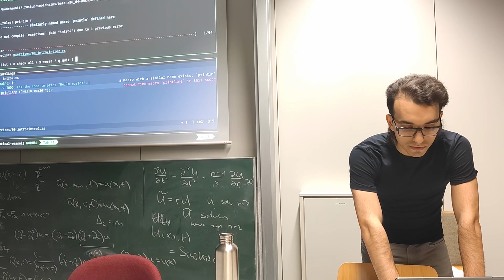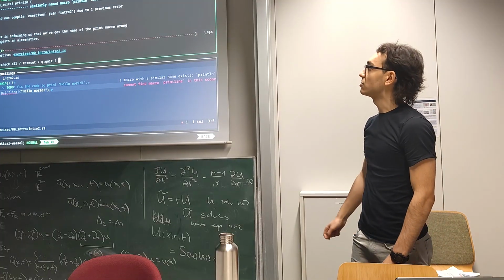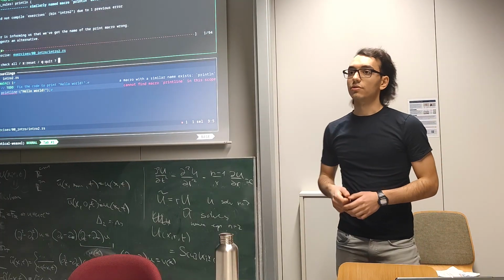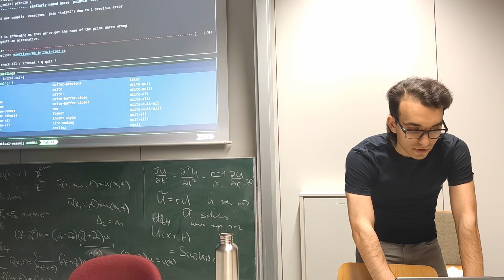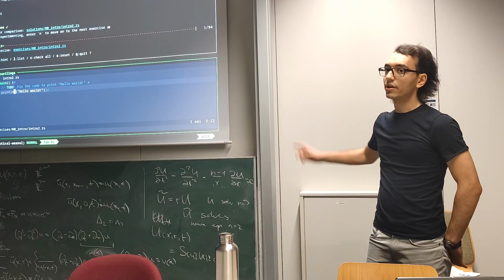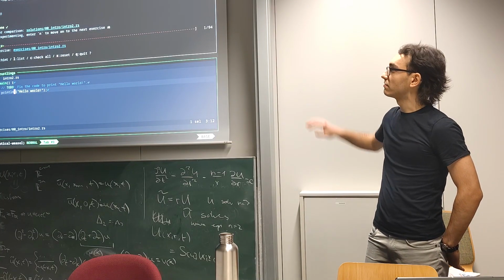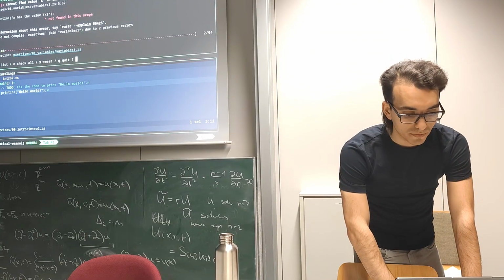So if you want to ask for a hint, you can press H, and then a small hint is shown to tell you what to do. And after solving this, Rustlings will recompile your exercise, and if everything is done, you can move on to the next one.